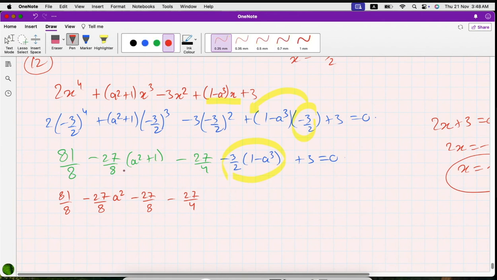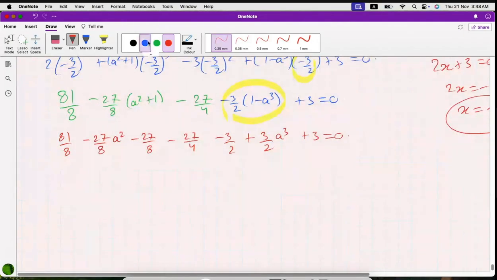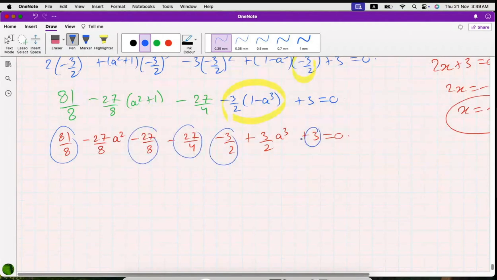So 1, 2 multiplied by minus 3, and this is minus 3 by 2, plus 3 by 2 a cube, plus 3 is equal to 0. I'm going to handle all the numbers at once. Number, number, number, number, and number.